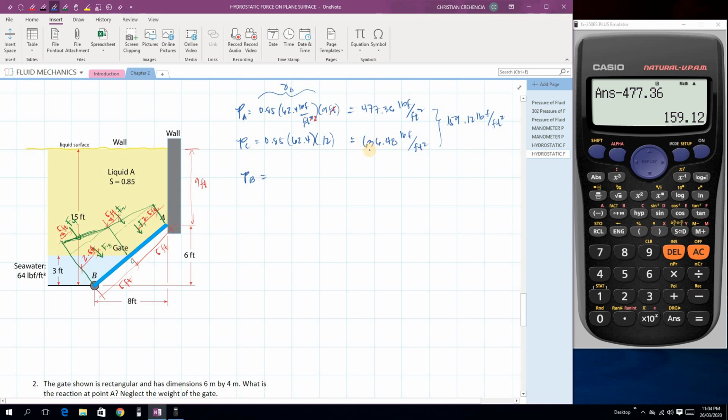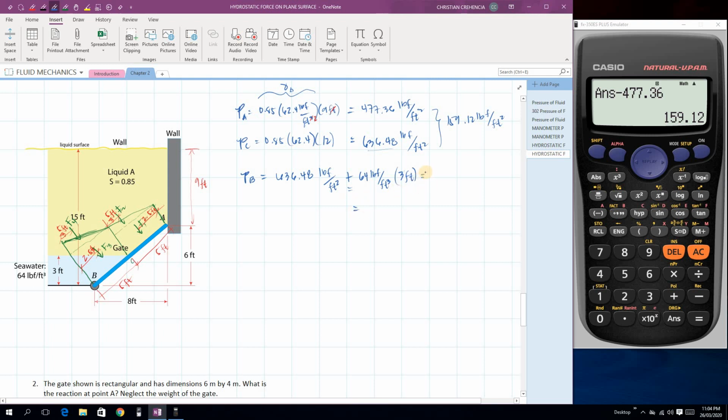Yung 636.48 pound force per square foot, yung pressure doon sa liquid surface, plus yung another, dahil bumaba tayo, so mag-increase yung ating pressure. So kaya plus. Unit weight is 64 pound force per cubic foot multiplied by depth na 3 feet.